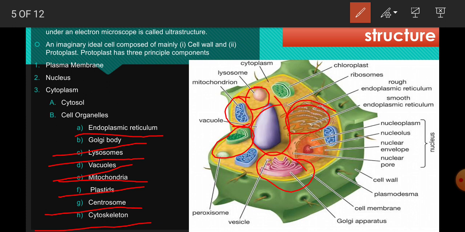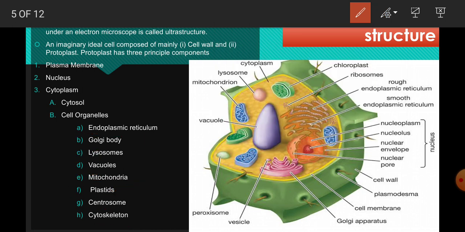Cytoskeletons are fiber-like structures that hold this fluid and give it strength, and keep the organelles in their places. These are spread throughout the cytoplasm.